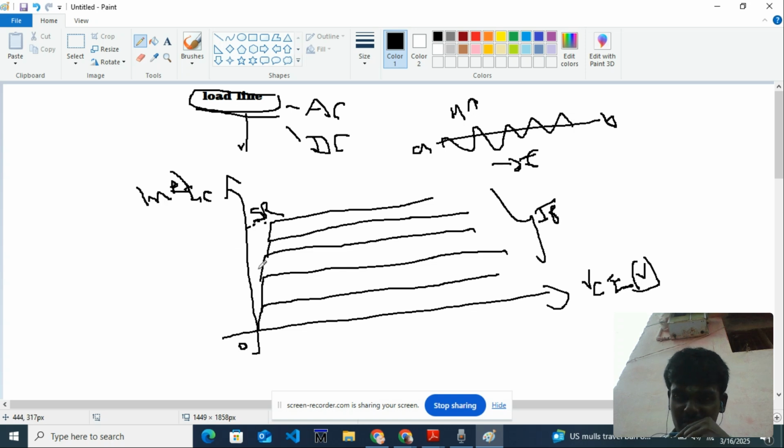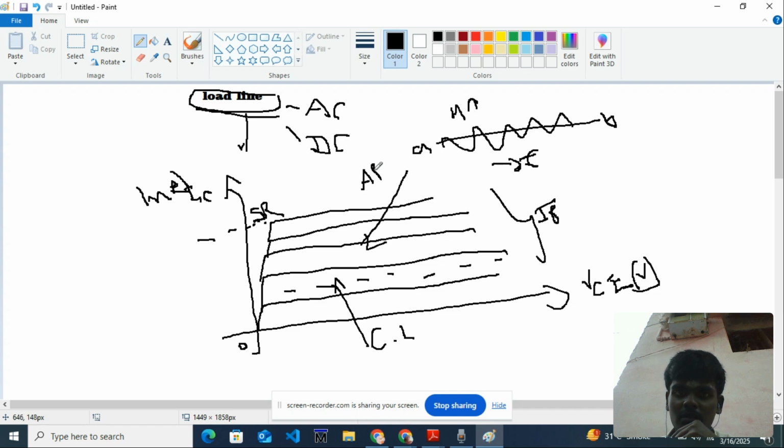In this saturation region, we don't prefer it; I will explain why we prefer the active region later. But first, you can know about the saturation region and the cutoff region. This part in between is called the cutoff region, and the center medium is called the active region.